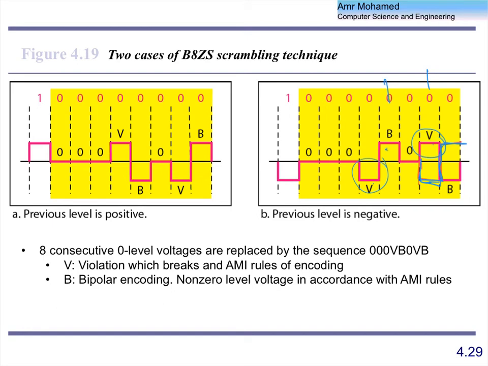It's not done just like this. It's done on purpose to inform the receiver that this is indeed scrambling. It's not the proper or the normal sequence of AMI. If you return back to B all the time, then this is the normal AMI. So the receiver will say, okay, so this is the normal AMI. So it will not recognize this as a scrambling. So this mapping is essential. It's essential to be done like this.